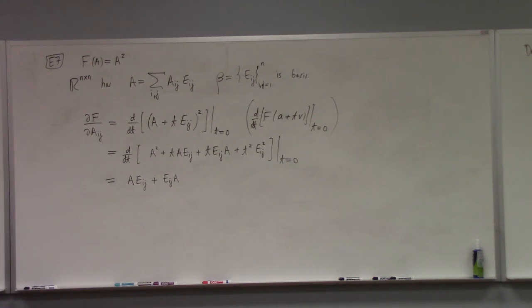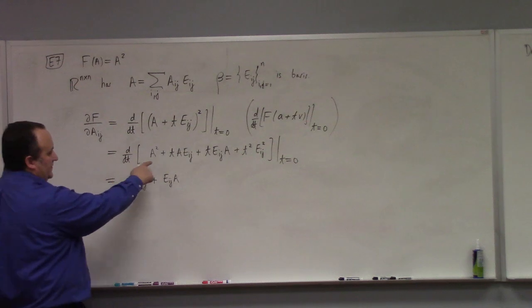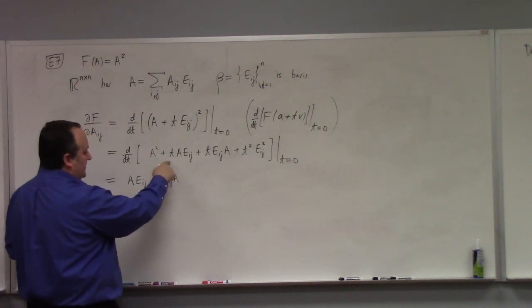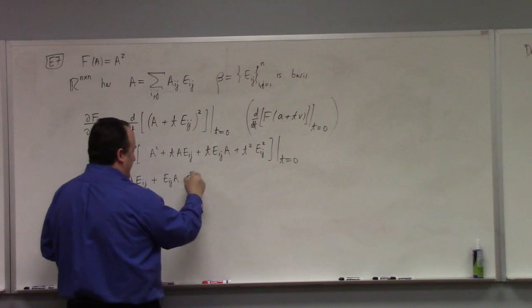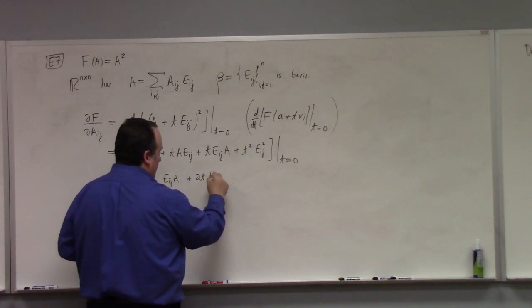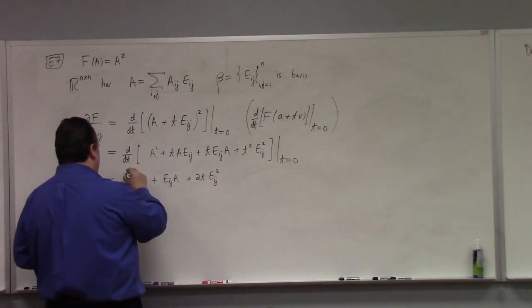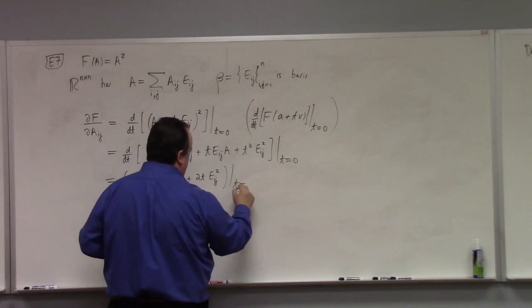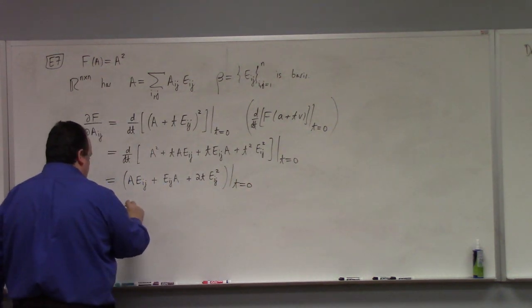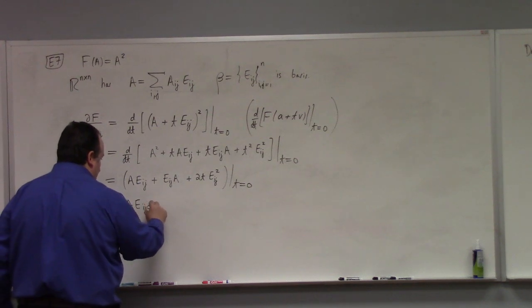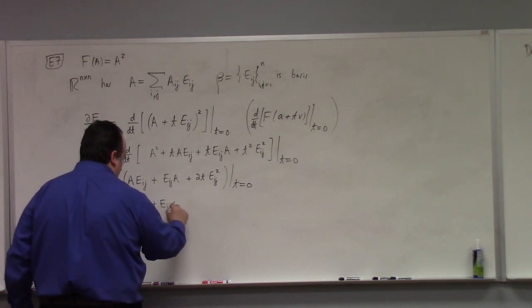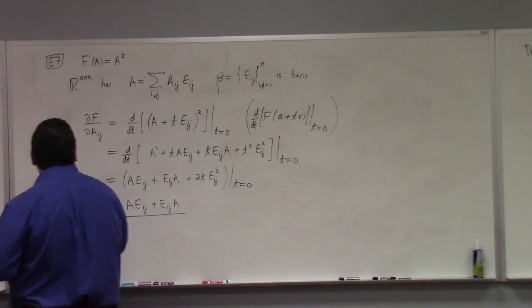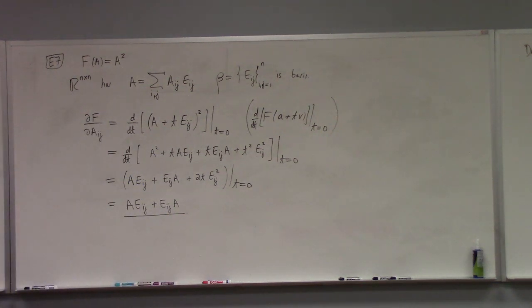If you've had differential equations, you've done this kind of calculus, differentiating matrices. The t differentiates to 1, and the last one gives me 2t E_ij squared. Evaluating at t equals 0, we get A E_ij plus E_ij times A. That's the partial derivative of f with respect to a_ij.